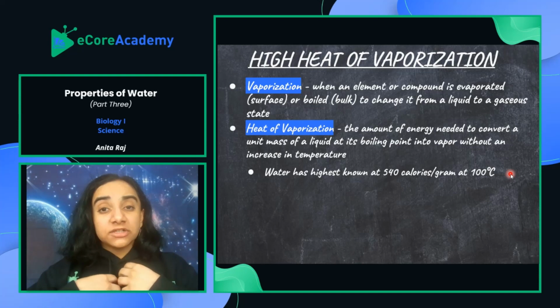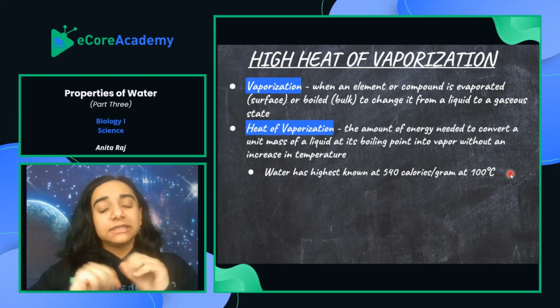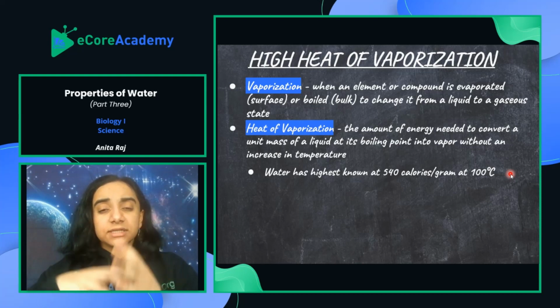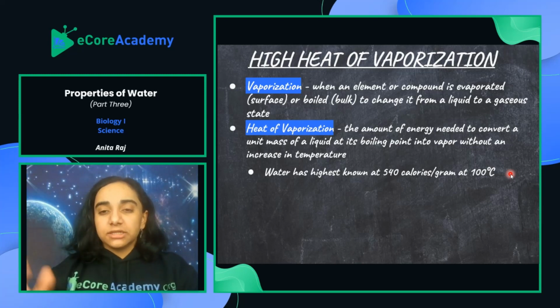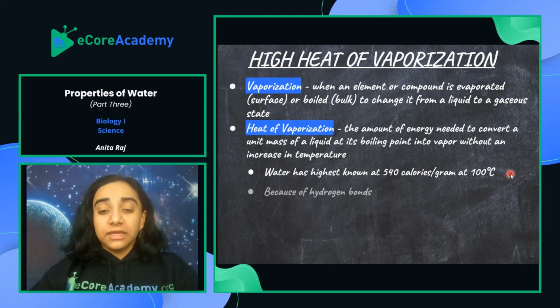Remember how we said that hydrogen bonds tend to absorb and store heat energy? They'll actually release that heat energy when they realize the environment is getting colder and colder, and that will make the water molecules stay a bit hotter, so it makes them resistant to becoming colder. So that's how hydrogen bonds help with heat of vaporization.